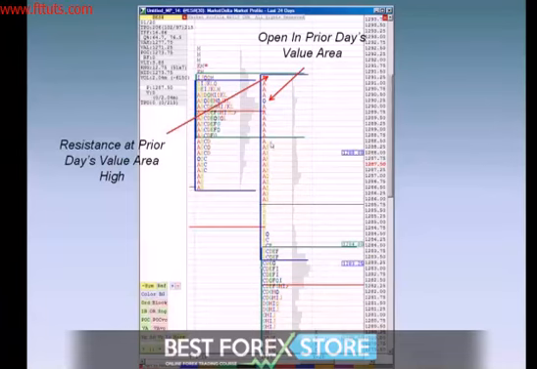It goes back up to test the last low value area high, and it can't even quite make it. So this is very bearish. It tells us that there is strong conviction in this particular direction, which was the downside. And so sure enough, the market continues lower.